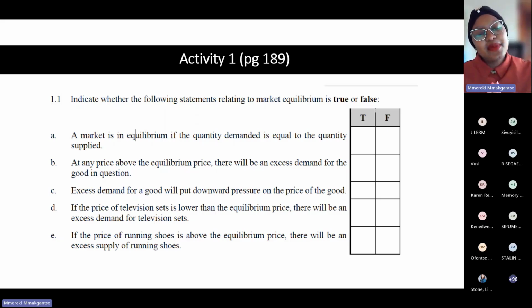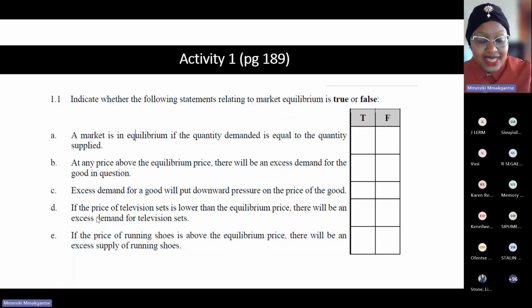C: excess demand for a good will put downward pressure on the price of the good. The answer is false. Let's look at our graph.